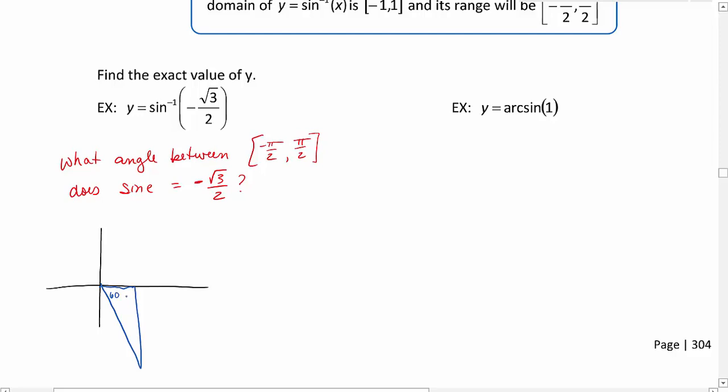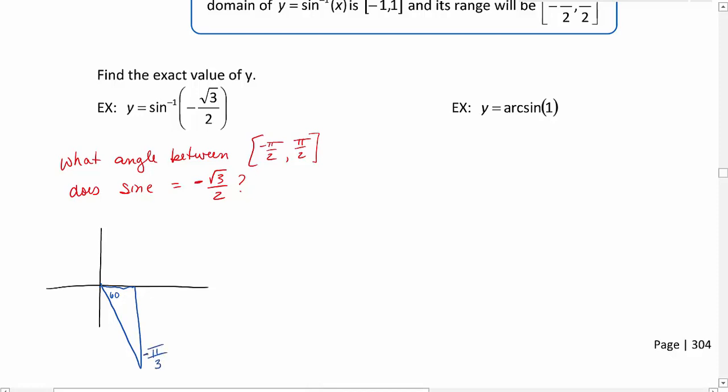I know that I'm going to have a 60-degree reference angle there because this is a 30, 60, 90 triangle, and the large angle is across from the large side. So now I just have to figure out what that angle is in radians. And I've got to make sure that I list it so that it's between negative pi over 2 and pi over 2. 60 degrees corresponds to pi over 3.